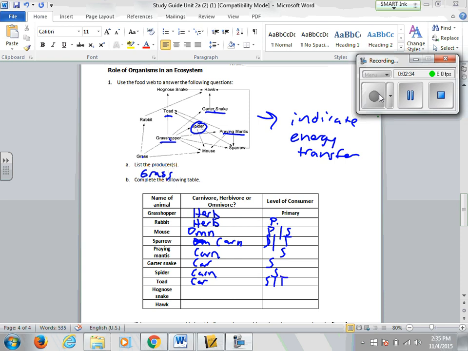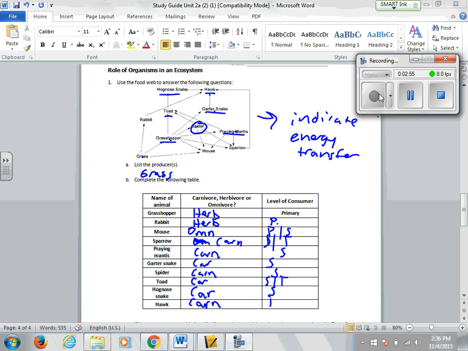So hognose snake right here, that's going to be a carnivore, and that's going to be a secondary consumer.